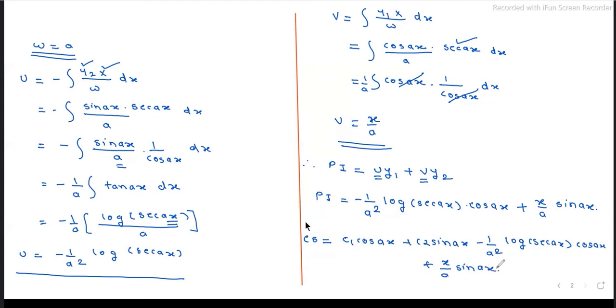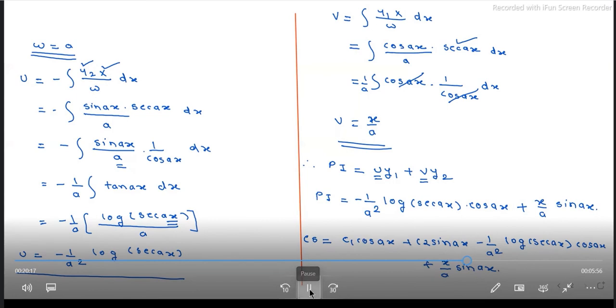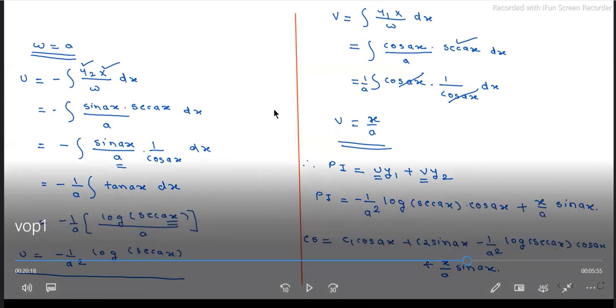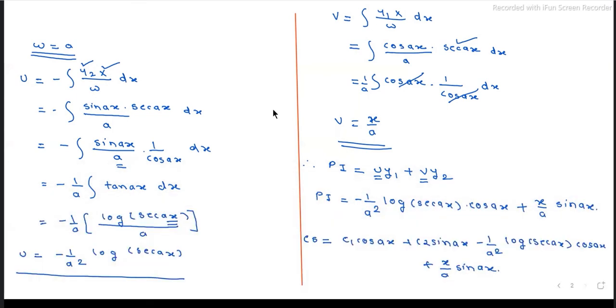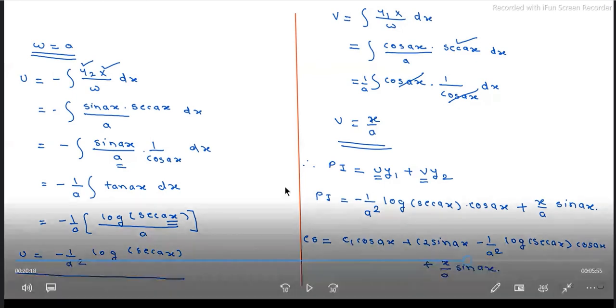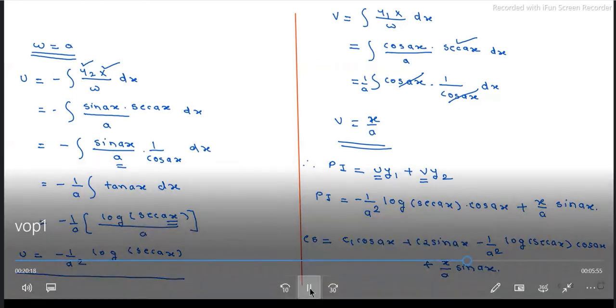Okay, in this way we use the variation of parameter method. So is there any difficulty in this problem? No, ma'am. Calculation of u, calculation of v, calculation of w, did you understand? Yes, ma'am.